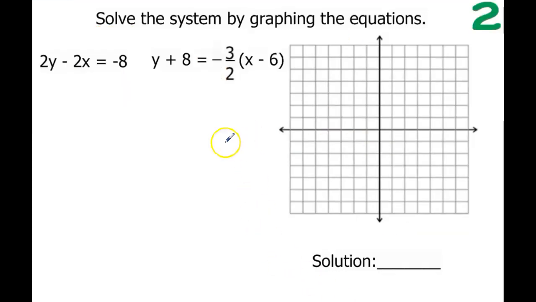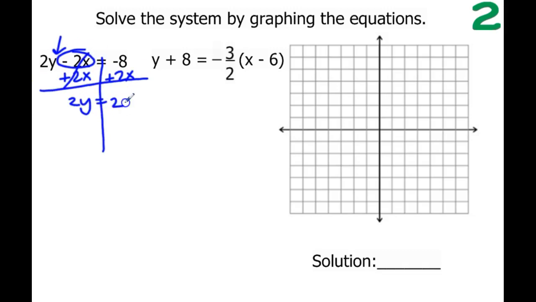Alright, same thing on this next one, except we need to solve the equations for y. So I'm going to start with this one. I want y by itself, so I'm going to move this negative 2x to the other side by adding 2x. So those eliminate. I have 2y equal to 2x minus 8. And then last, the opposite of multiplying by 2 is divide by 2.